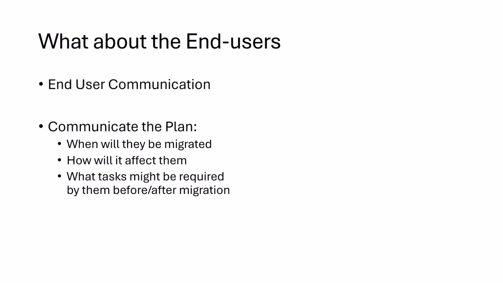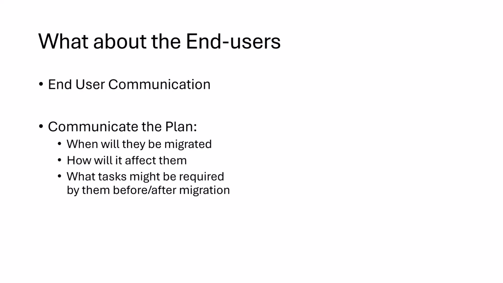And for the end users and the business, it's very important that through the whole process of the tenant migration, we communicate properly to the end users what is going to happen. Especially the closer we get to the migration: when will they be migrated? How will that affect them? Are there tasks being run before and maybe after?